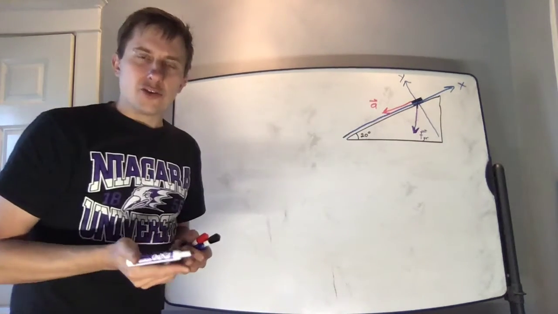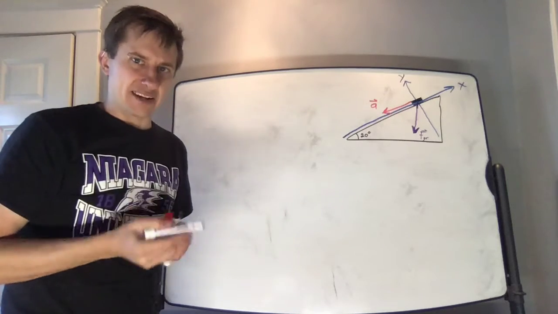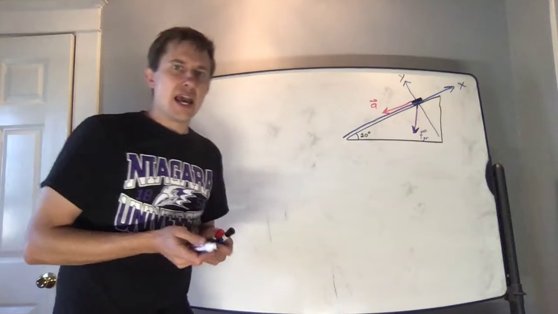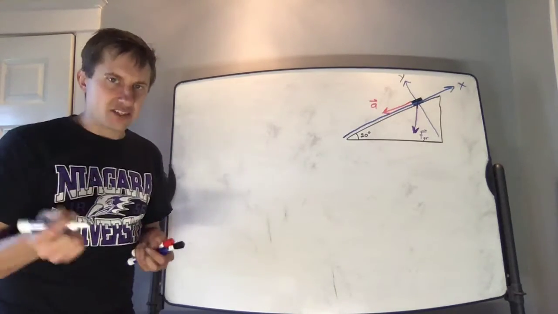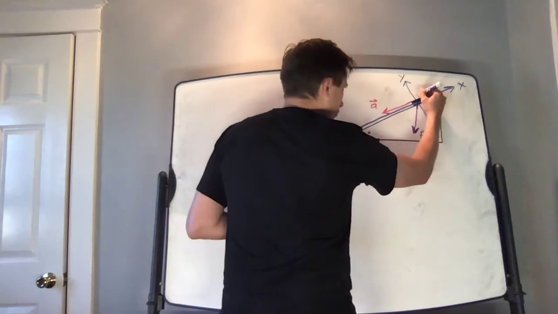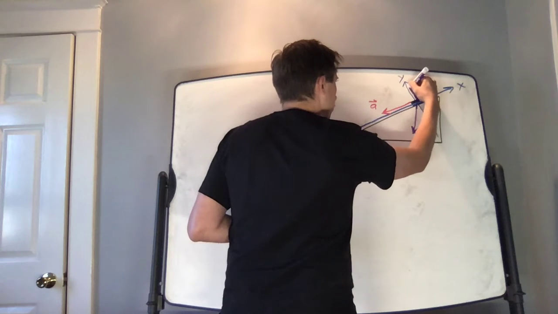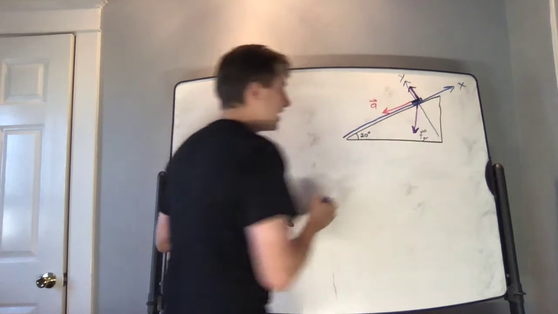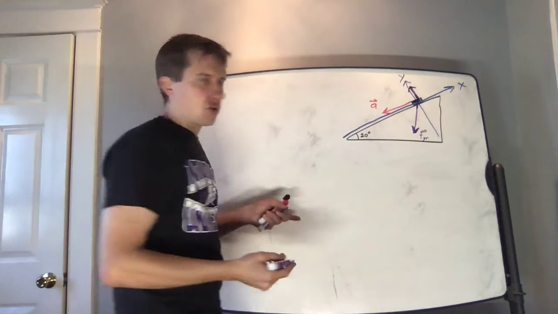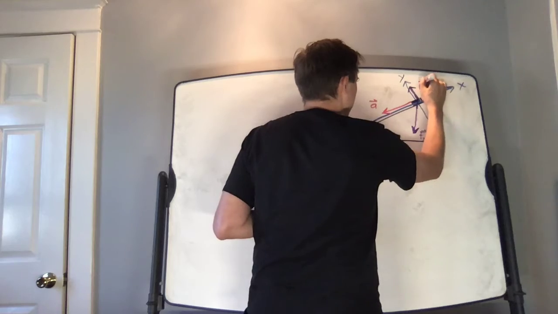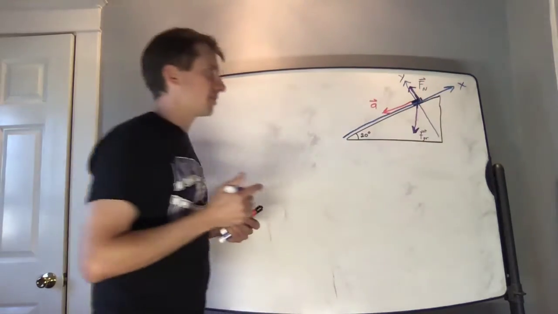And there is also going to be a normal force acting on the crate. The crate is in contact with a surface. The crate is not going to fall into that surface, so there will be a normal force. And from lecture, we learned that the normal force is always perpendicular to that surface. In this case, that means that the normal force is entirely in the y direction. So here's Fn for normal force.